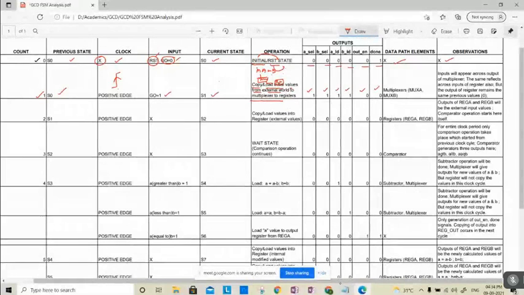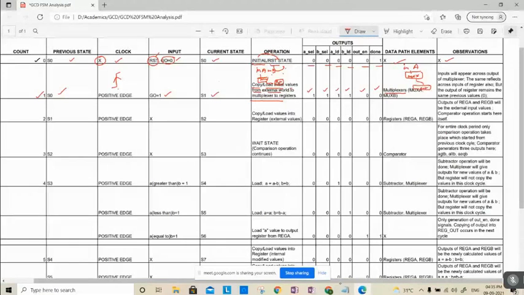What are the data path elements which are involved in this particular state? Only multiplexers, right? Or multiplexers and registers? Input A goes to the multiplexer, then after that the register.